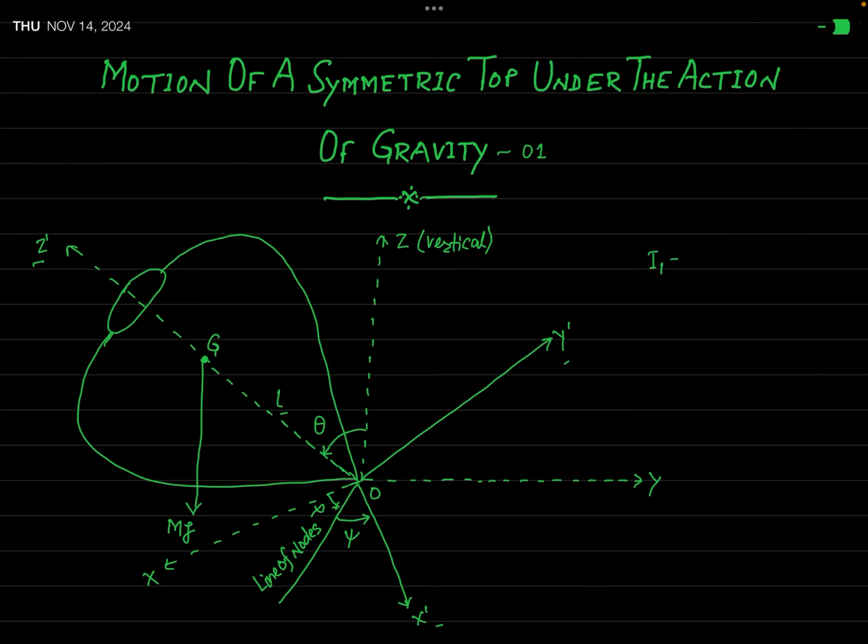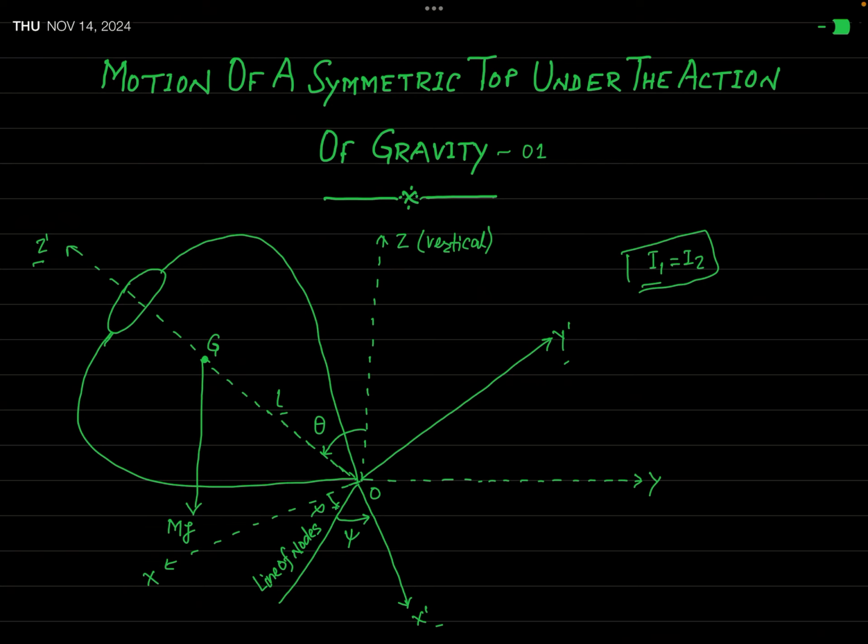So you can write that I1 is equal to I2. I1 is the moment of inertia of the body about the first principal axis, that is X dashed axis. I2 represents the moment of inertia about the second principal axis, that is Y dashed axis. So in this condition, I1 will be equal to I2. Always keep this fact in mind, because this will be needed in your calculation.